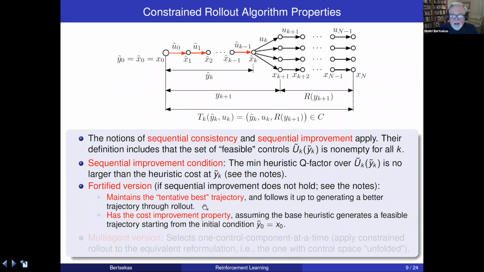And now we restore the cost improvement property, assuming that the base heuristic generates a feasible trajectory starting from the initial condition.